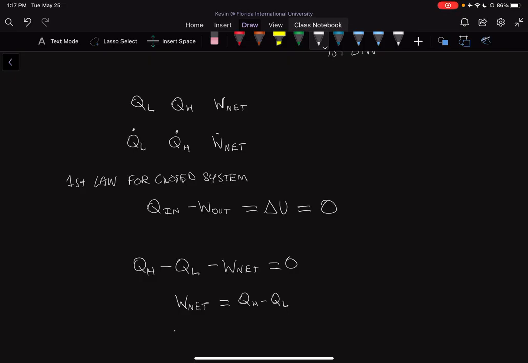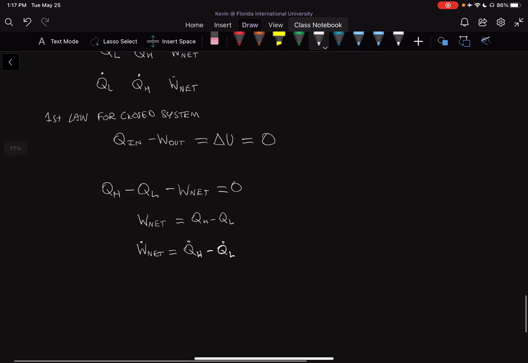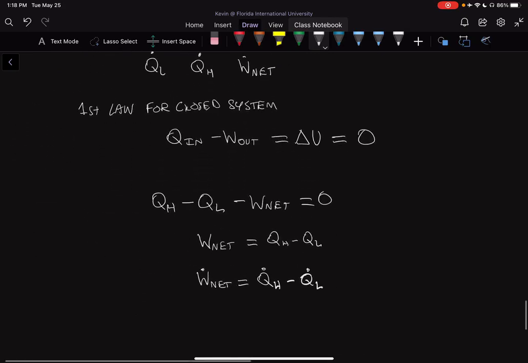And we can rewrite this equation with respect to time. So we can say power or W dot net is equal to the heat rate coming in minus the heat rate coming out. We can use both forms of the equation. So these two equations are going to be used in both forms and are going to be very useful. Okay, so let me highlight them in red here. These are going to be two equations that you're going to be using a lot.